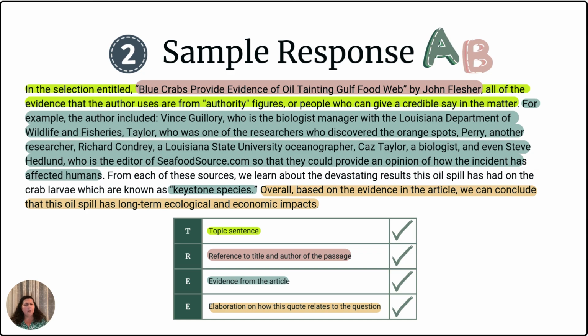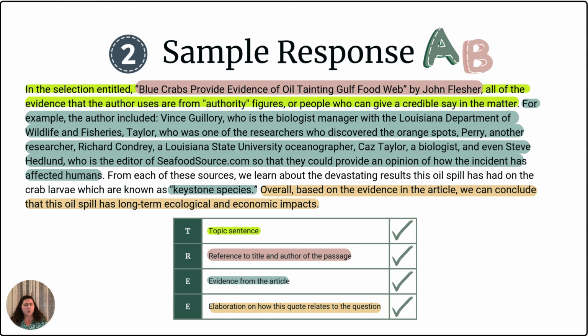For example, the author included Vince Gilroy, who is the biologist manager with the Louisiana Department of Wildlife and Fisheries, Taylor, who was one of the researchers who discovered the orange spots, Perry, another researcher, Richard Condrey, a Louisiana State University oceanographer, Kaz Taylor, a biologist, and even Steve Headland, who is the editor of seafoodsource.com, so that they could provide an opinion on how the incident has affected humans.